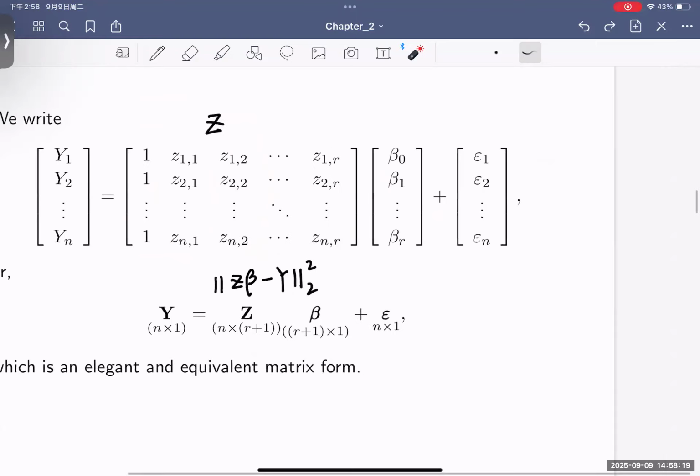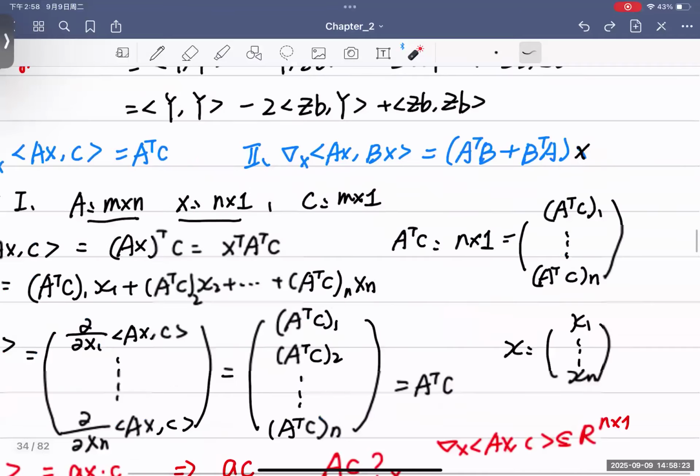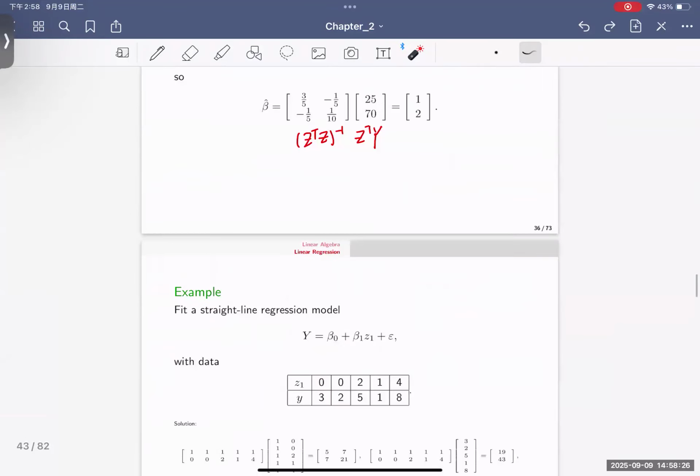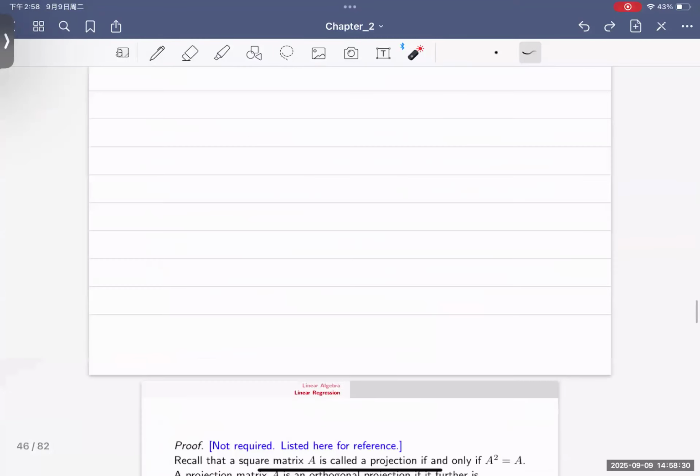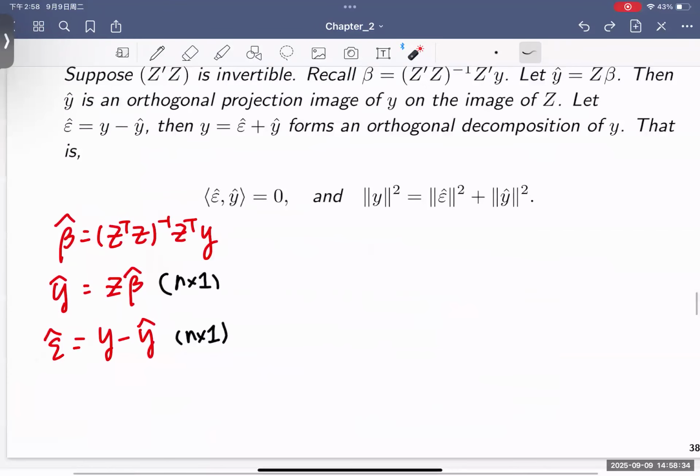Let me just go back a little bit. Now, what I want to emphasize is that Y hat is represented as a combination of the column vectors of Z. Because Y hat is just computed as Z times beta hat, where Z is n times r plus 1, we have r plus 1 column vectors.